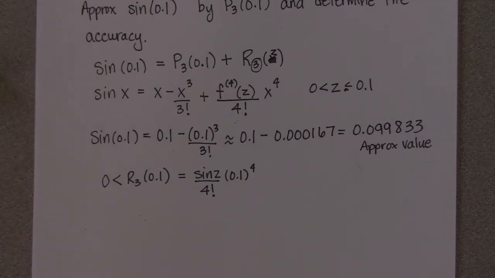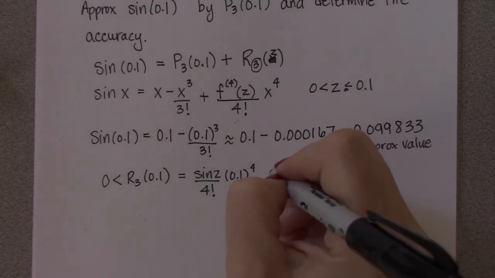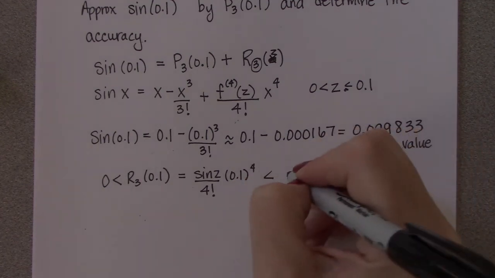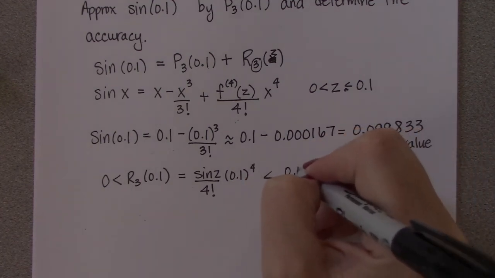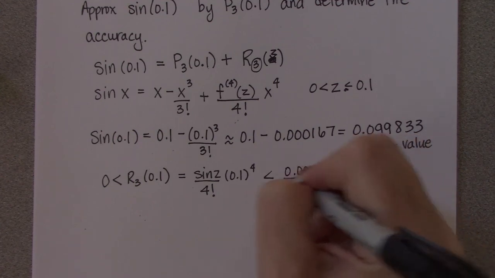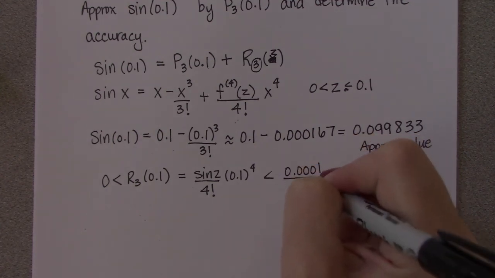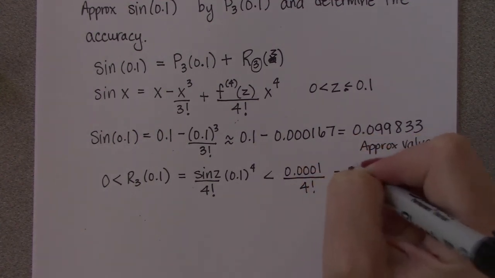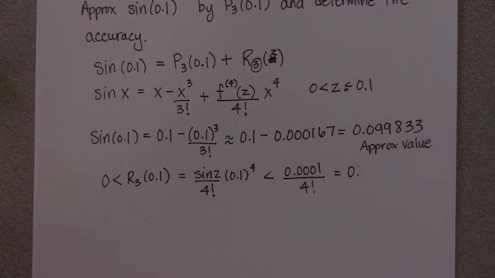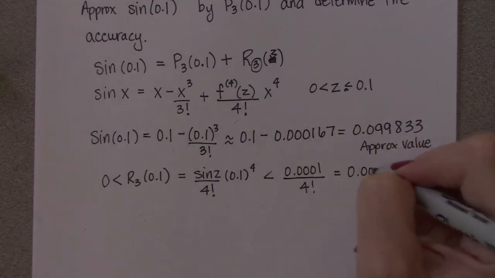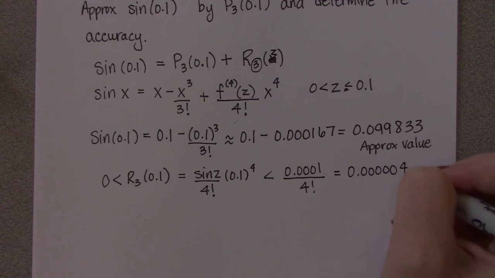What's the biggest sine of z can ever be? 1, okay? So that means the remainder can be no bigger than 0.1 to the 4th, which is 0.0001, over 4 factorial, and that equals 0.0000042.